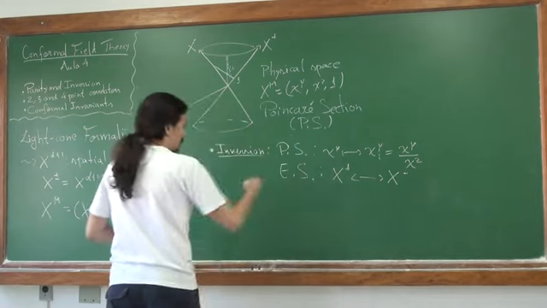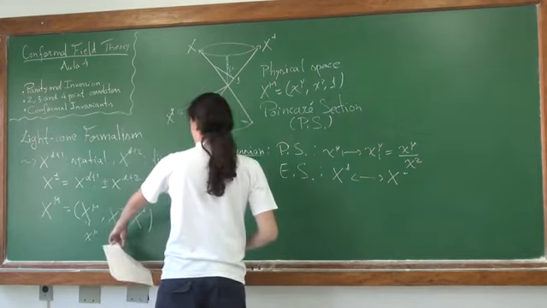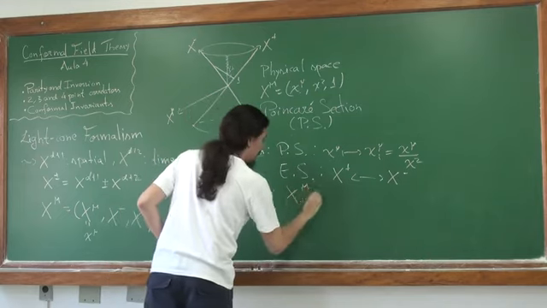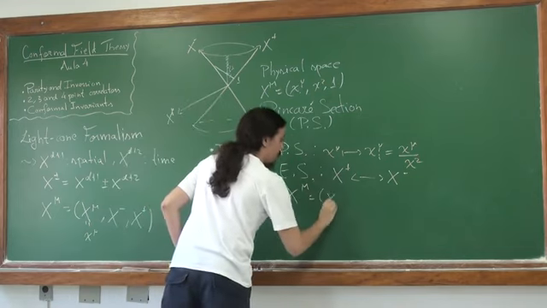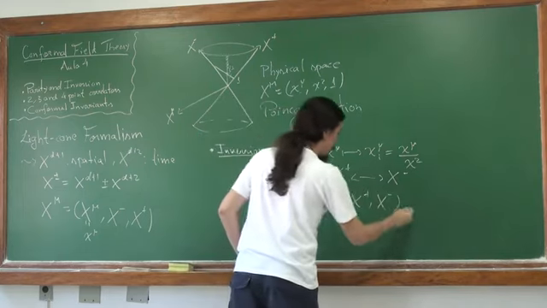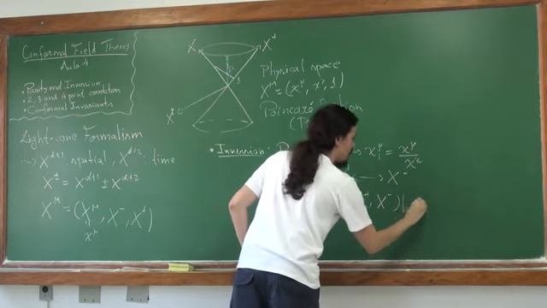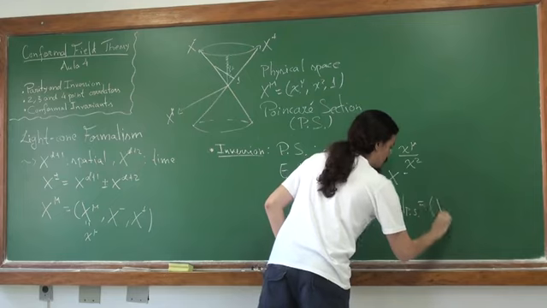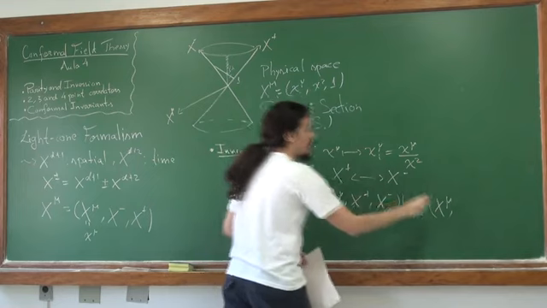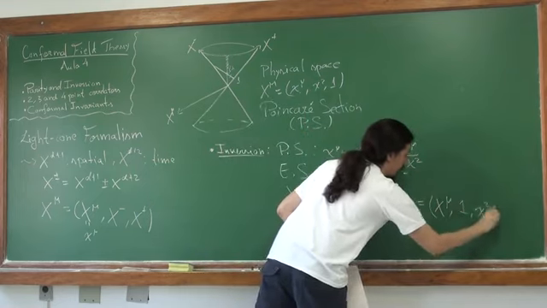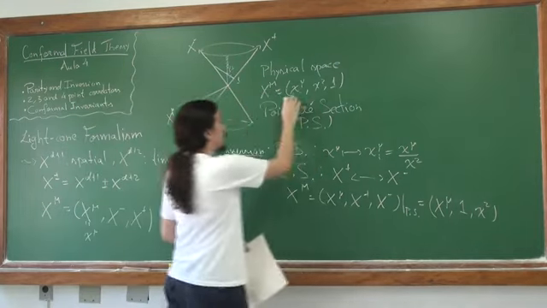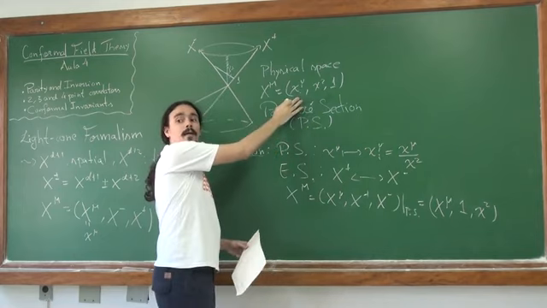And the reason is, let's do this explicitly, step by step. We have x mu, x plus, x minus. Then restricting this to the point intersection or physical space, this becomes x mu, 1, and then x squared. Now look at the structure of the point intersection.